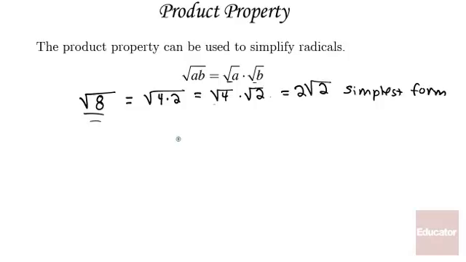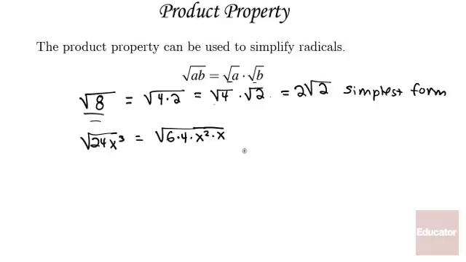This same property applies to expressions with variables. So a radical expression with a variable such as the square root of 24x cubed. Well, if I look at this, what I have is an expression containing a perfect square, because I can rewrite 24 as 6 times 4, and I can rewrite x cubed as x squared times x.